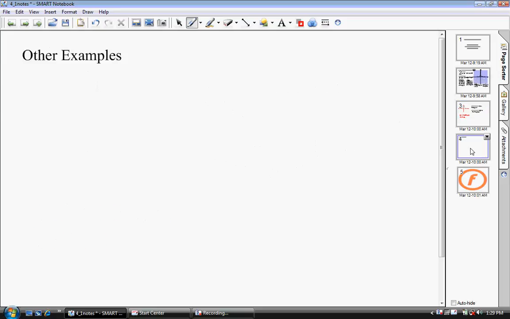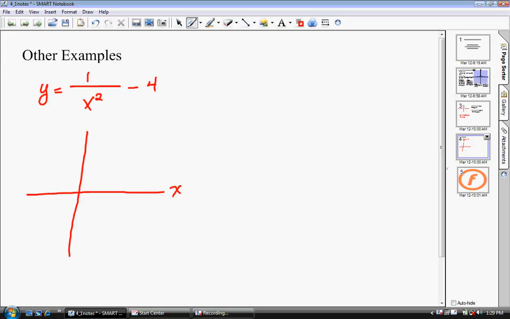So notice these key components. Whenever I go to graph some shiftings of this, so if I wanted to graph y is equal to 1 over x squared minus 4, what is that going to look like? I need to think about where it's undefined, what's happening to my asymptotes.